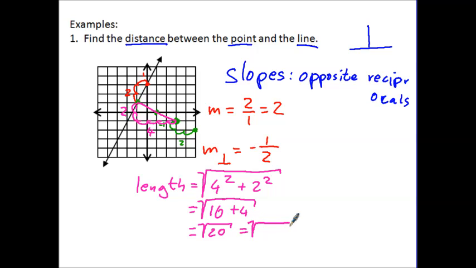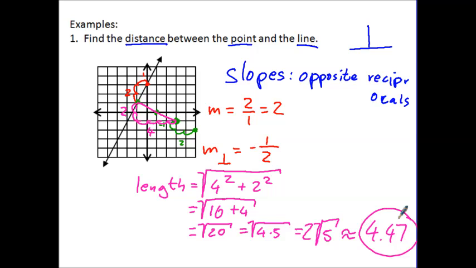We're going to simplify our radical because the square root of 20 is the square root of 4 times 5, which gives us 2 times the square root of 5. And 2 times the square root of 5, if you were to punch it into your calculator, will give you a number of approximately 4.47.